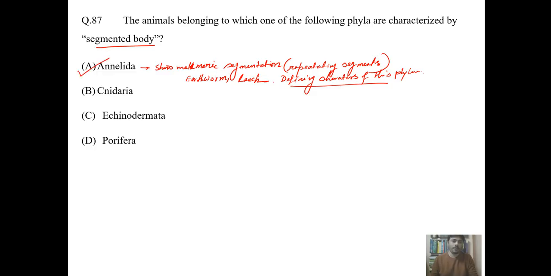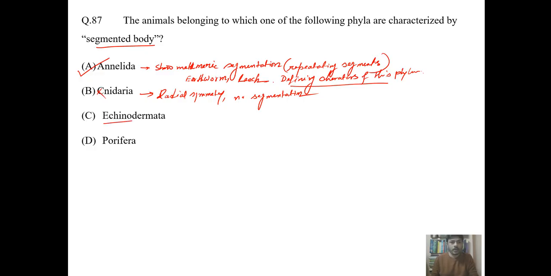Let's see the other options. In the case of Cnidaria, they show radial symmetry and no segmentation. So this is wrong.